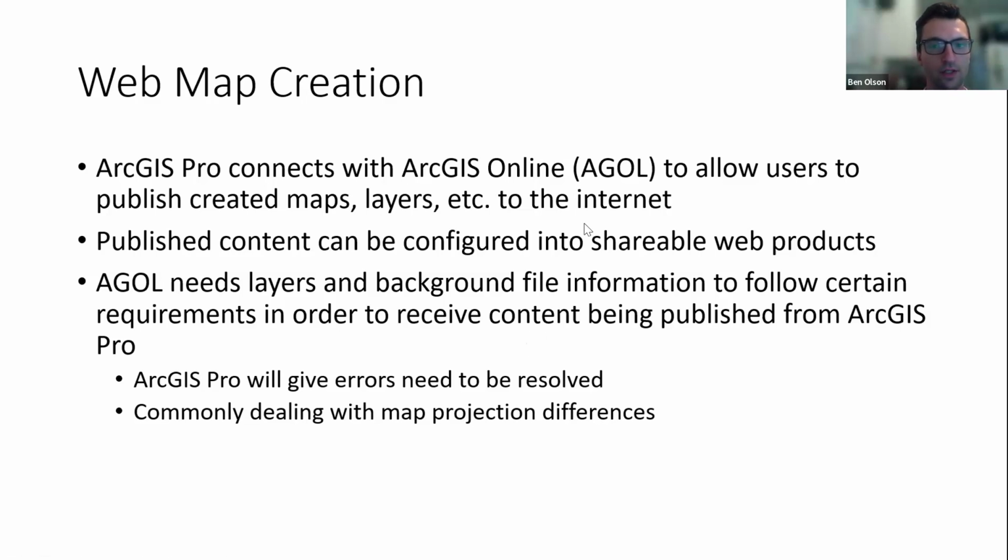As a preface, ArcGIS Online needs layers and background file information to follow certain requirements in order to receive content being published from ArcGIS Pro. So like we were seeing with the geoprocessing tools in the last activity, there are going to be some warnings and errors that need to be resolved.